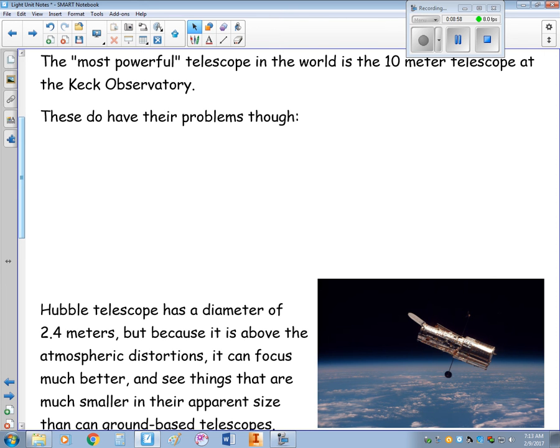They have problems though. One of the problems is that even though these are located on a mountaintop, their images are still blurred from the turbulence in the air.